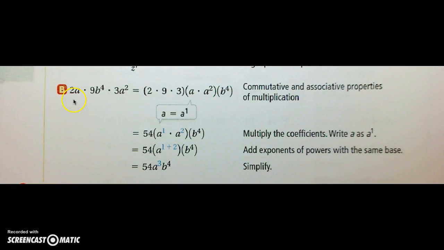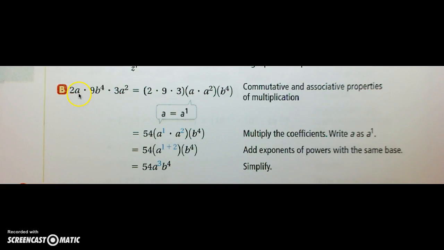So if we look here at problem B, we have 2a times 9b to the 4th power times 3a to the 2nd power. Well, we can pull out our like numbers. So 2 times 9 times 3 we have right here. So the shortcut would be 2 times 3 is 6 times 9, and there's our 54 showing up down here.